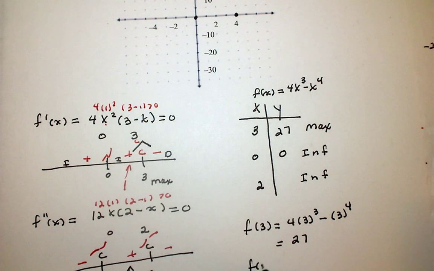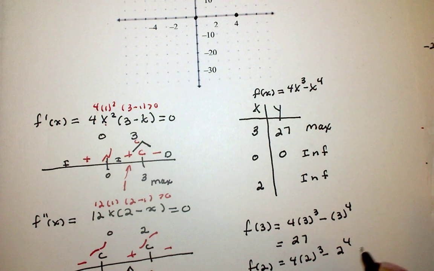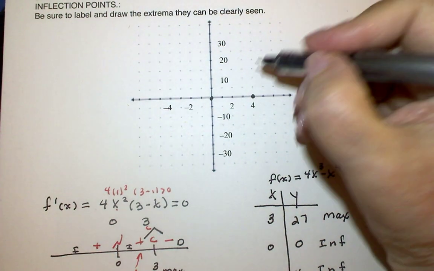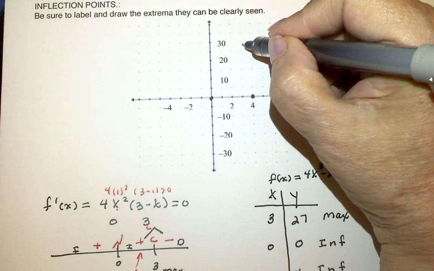And then f of 2 is 4 times 2 cubed minus 2 to the 4th, which is 16. So I have a maximum at (3, 27), and that's about right there.